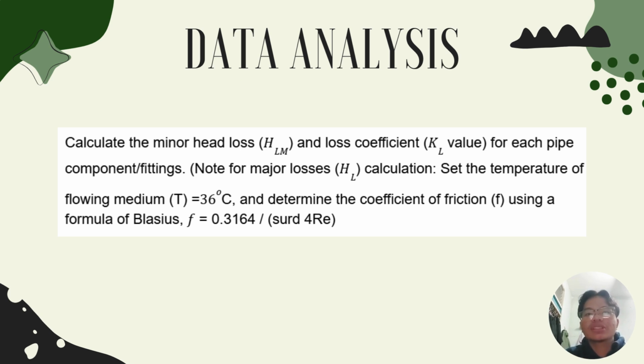Note for major losses, HL, calculation, we need to set the temperature of the flowing medium, which is equal to 36 degrees Celsius, and determine the coefficient of friction using the Blasius formula, which is f equal to 0.3164 divided by Re to the power of 0.25.